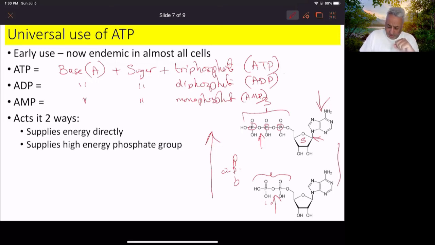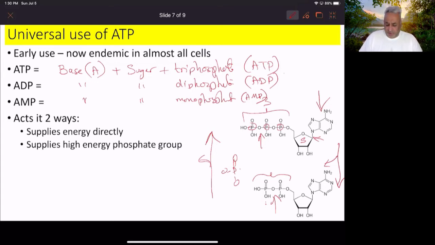And when you go in the opposite direction, you're then releasing some of that energy to perform some type of activity within the cell. And of course, a small amount of that energy will be released as entropy, as useless energy. So every time you do a manipulation, even in this direction, you will lose some of your energy as entropy. Thus, a constant supply of energy is needed by the cell.